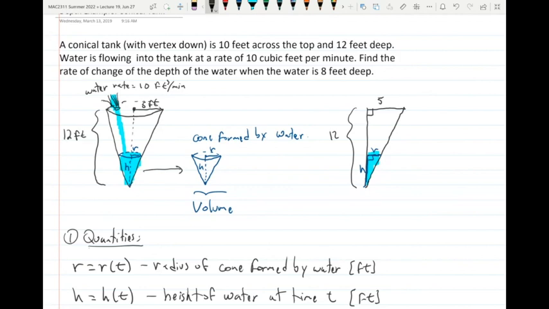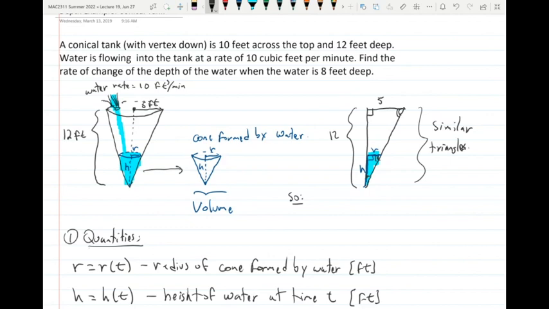Remember this? So this angle is common, and then this one corresponds to this one. So there is a proportion that we can write: corresponding sides are proportional.